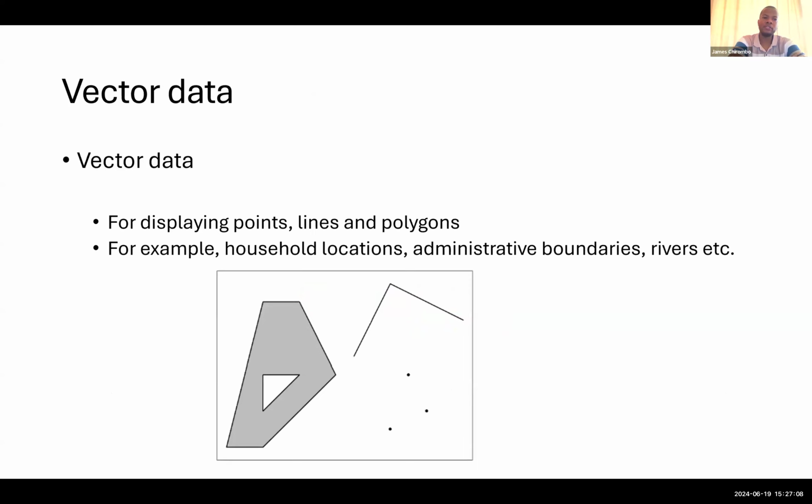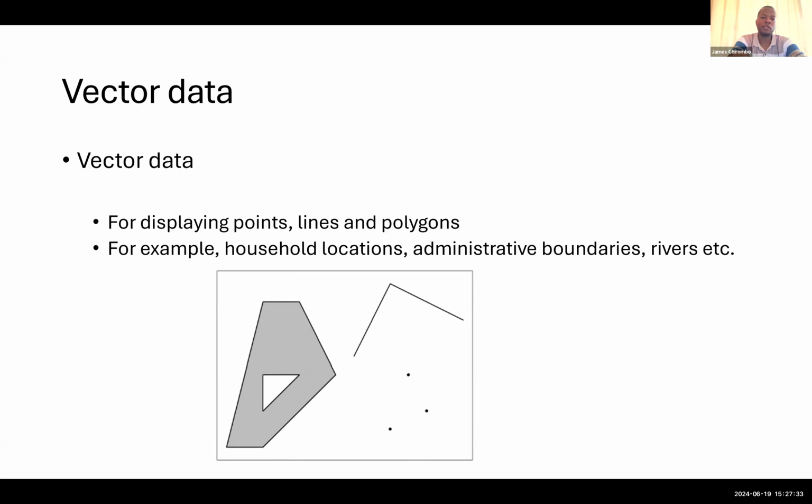So starting with vector data. Vector data is a type of spatial data that is used to display or represent points, lines, and polygons. And this could be used to represent features like household locations. For example, you can use points to represent the location of a house.